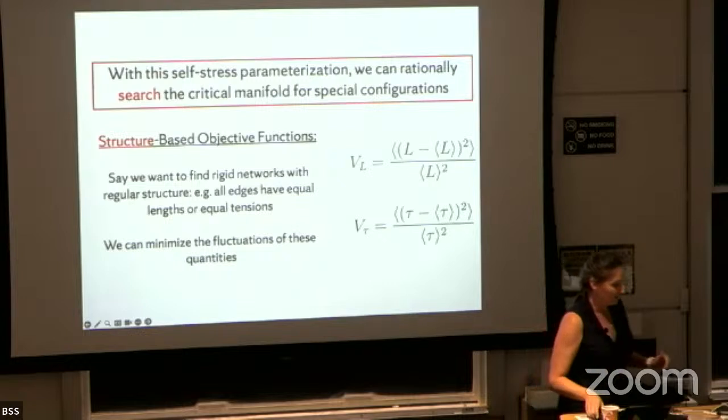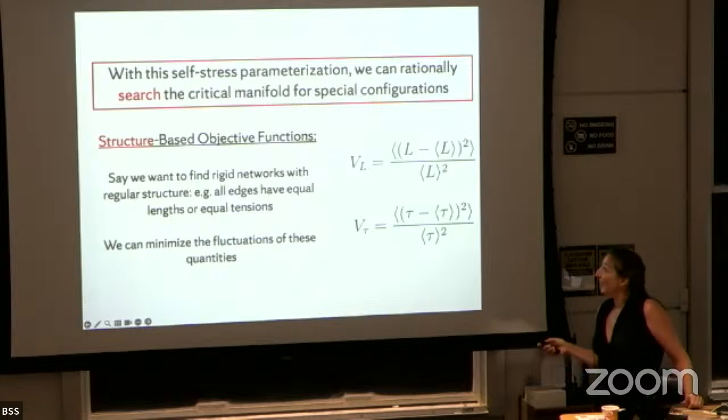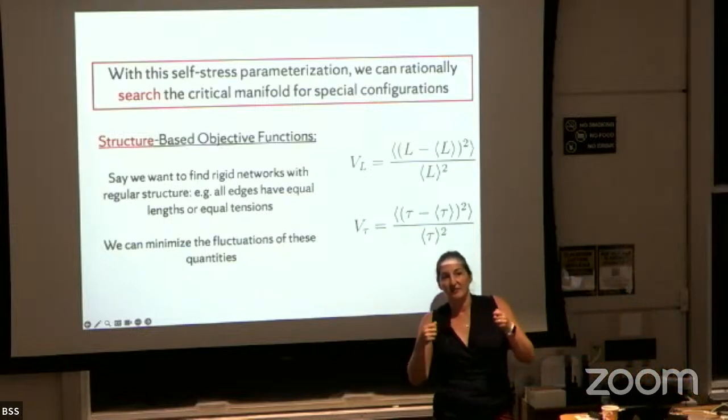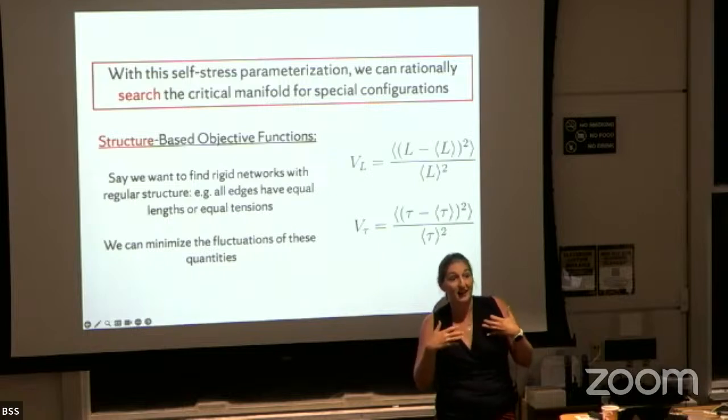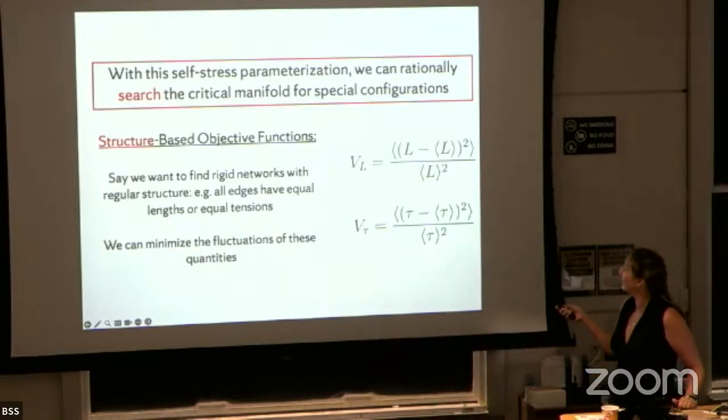The question is then to minimize the fluctuations with respect to lengths in my final state. Another thing I might want to do is minimize the fluctuations in tensions, because let's say I have a network and the bonds break at a critical tension. That's pretty common. If I minimize the fluctuations in tension, then I have the thing that's most resistant to fracture. That's another thing I might want to do. Okay, so that's these two objective functions.